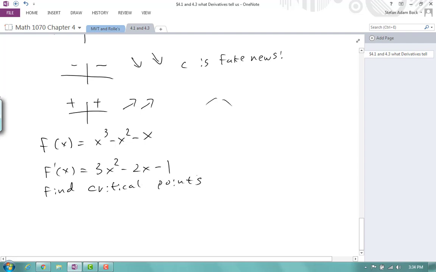These are when the derivative is equal to 0 or when the derivative doesn't exist. But this is a polynomial and it always exists, so f prime of x does not exist never. F prime of x always exists.